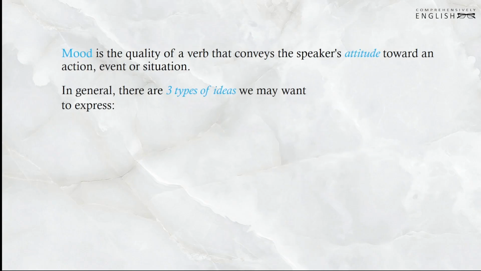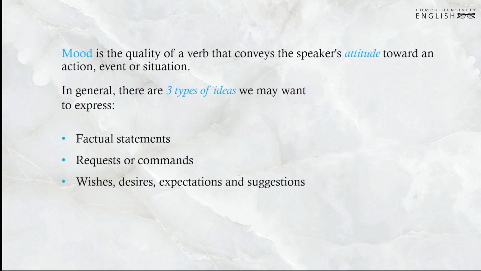As we already know, mood is the quality of a verb that conveys the speaker's attitude toward an action, event, or situation. In general, there are three types of ideas we may want to express. They are factual statements, requests or commands, and wishes, desires, expectations, suggestions, and things like that. This means there are three main moods.